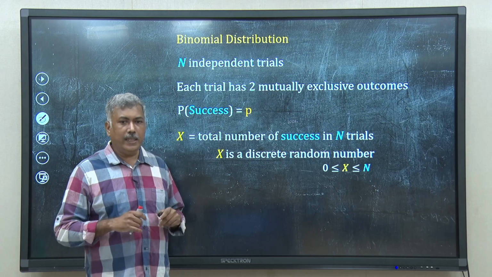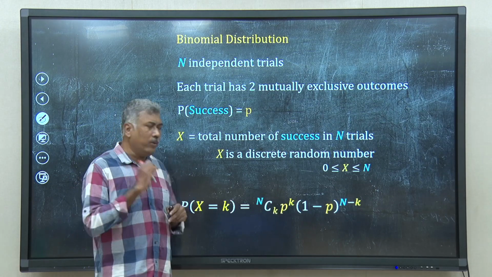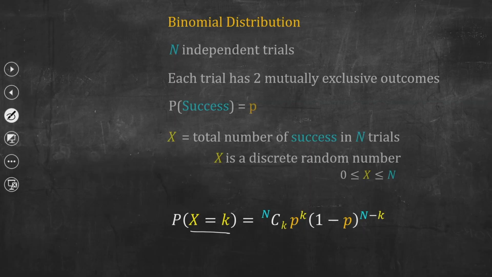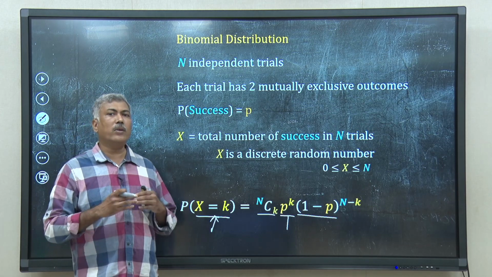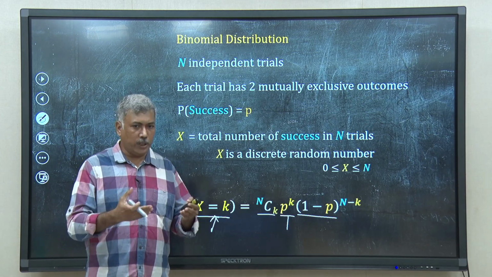So, the probability that x will take a particular value k will be equal to n choose k p to the power k into 1 minus p to the power n minus k. So, I have generalized what we have learned from our coin toss problem.